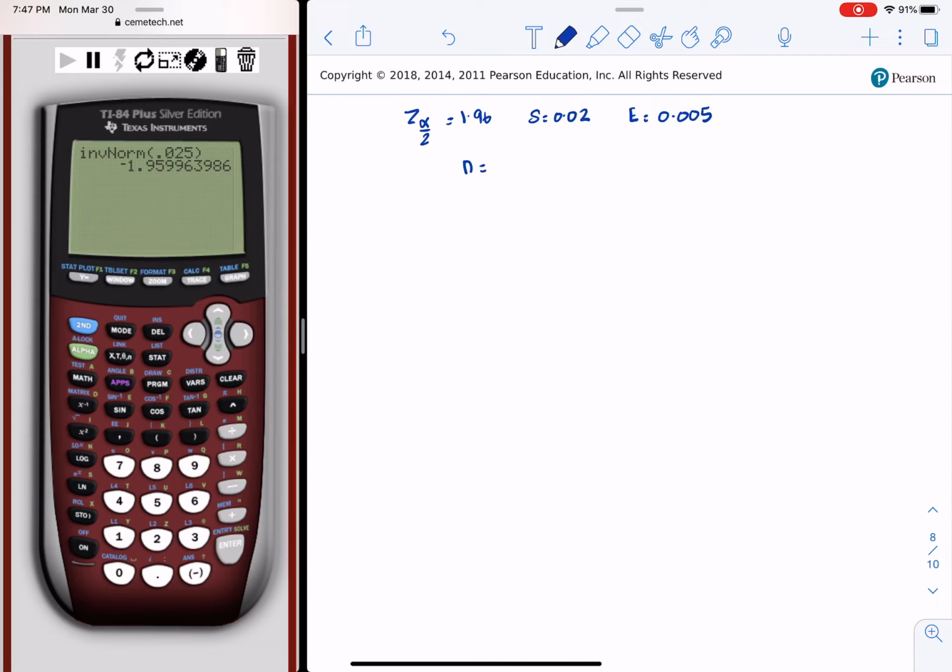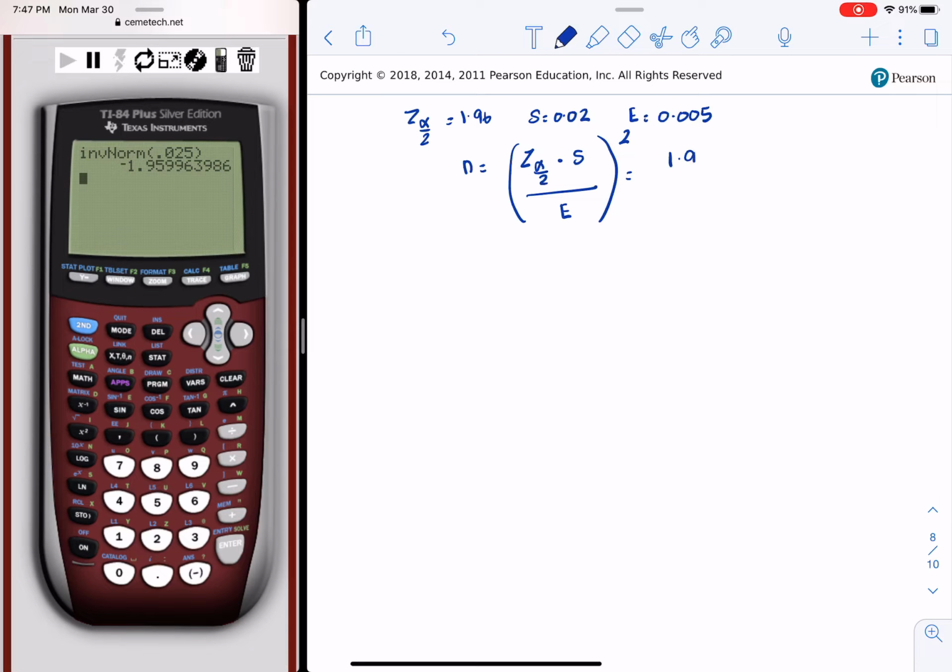The sample size is z sub alpha over 2 multiplied by s divided by 0.005, squared.